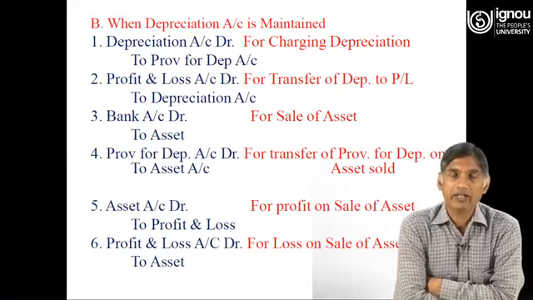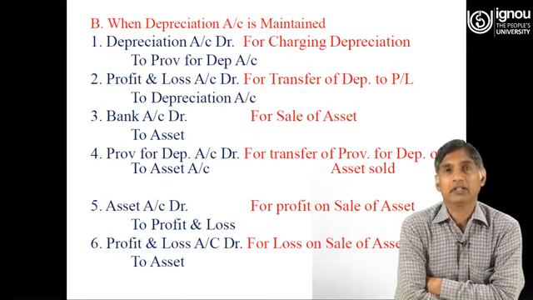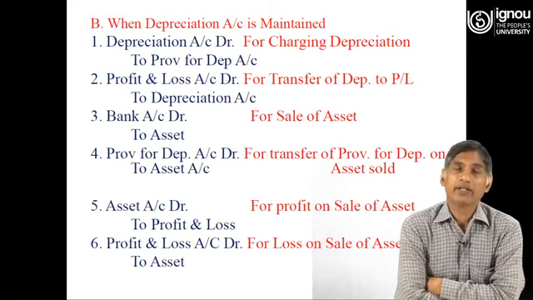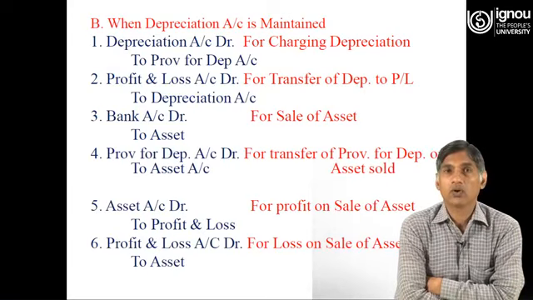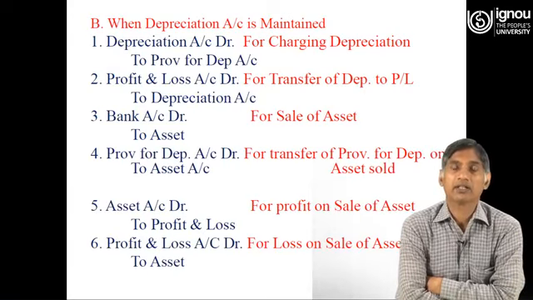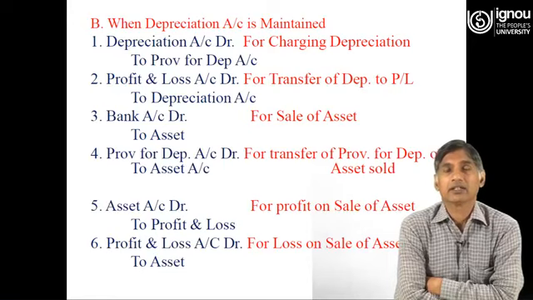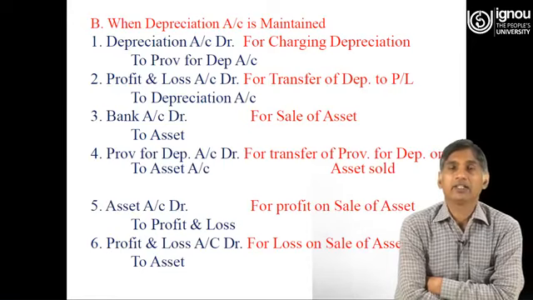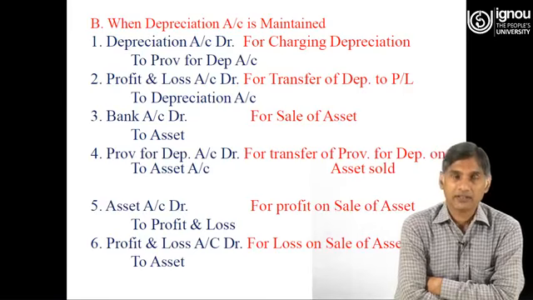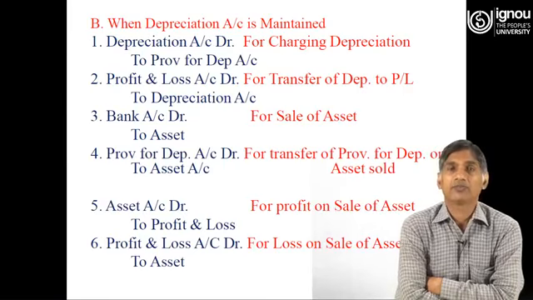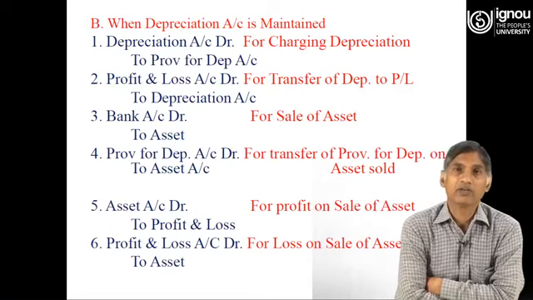Second one is when depreciation account is maintained. When depreciation account is not maintained, as per the first method, the asset is shown in the balance sheet at its depreciated value, at its book value.